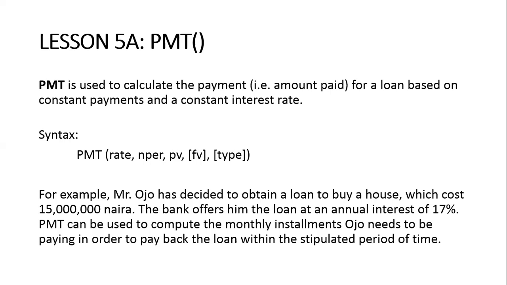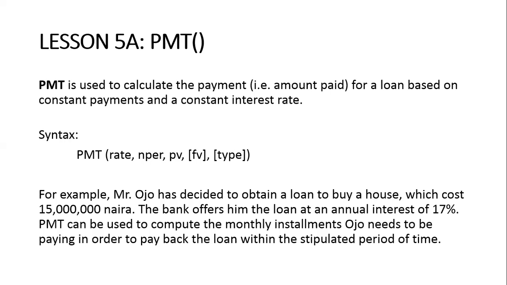PMT is used to calculate the payment, i.e. the amount paid for a loan based on constant payments and a constant interest rate. If you look at this closely now, you can see that PV is compulsory, because when somebody takes a loan, there's always a PV.